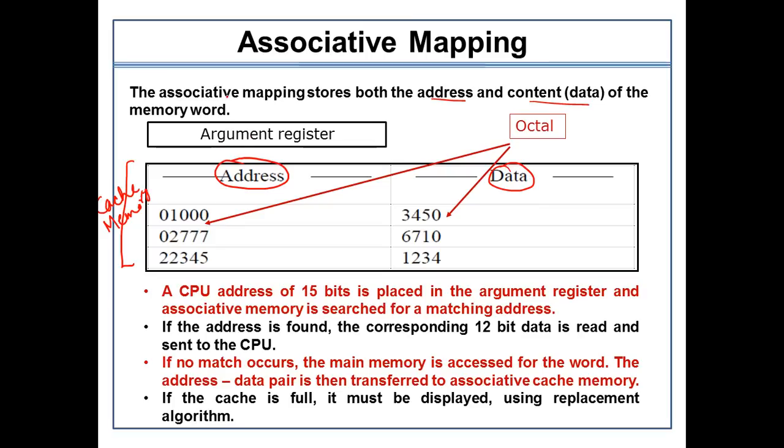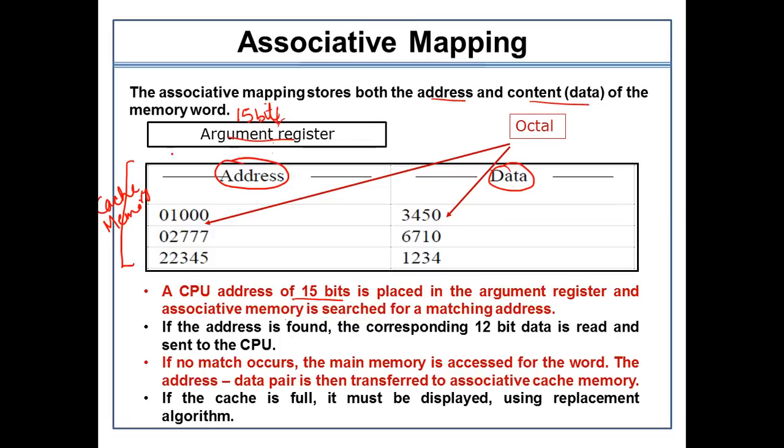What is happening here? This is an argument register, because we know that in order to match the data, it will have to be placed in the argument register. So a 15-bit address of the CPU is placed in the argument register and the associative memory is searched for the matching address.